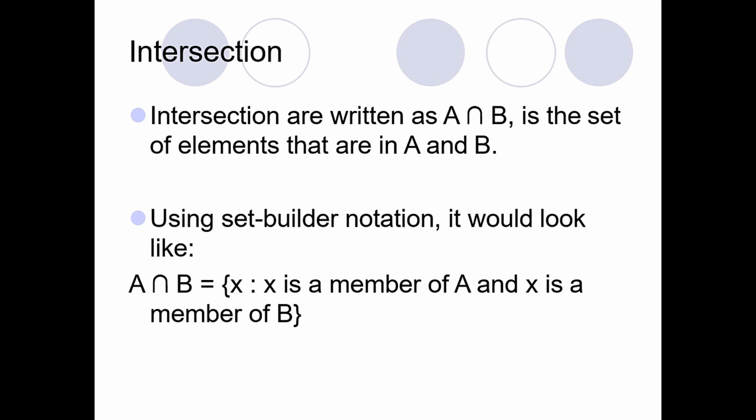Using the set builder notation, A ∩ B is equal to all the values of x such that x is a member of A and x is a member of B.